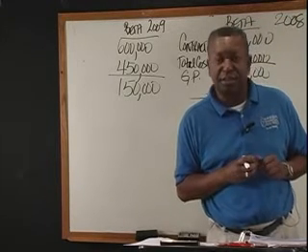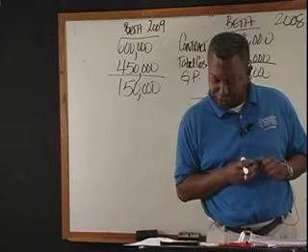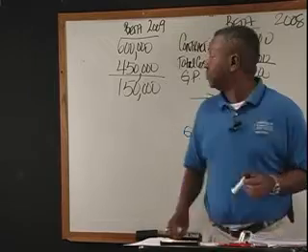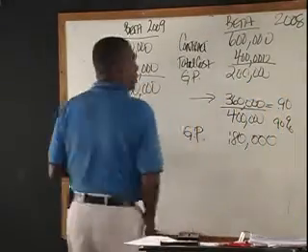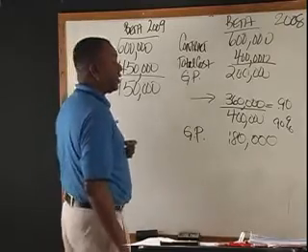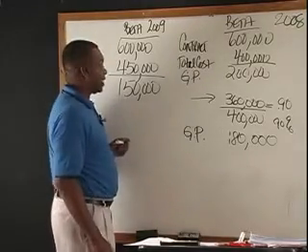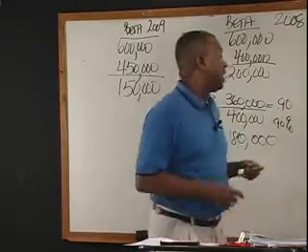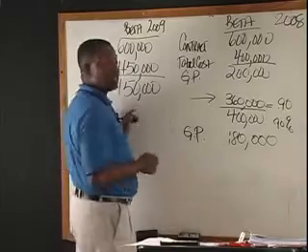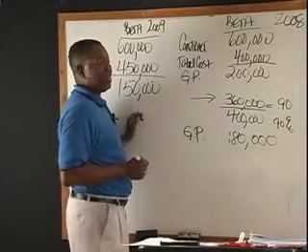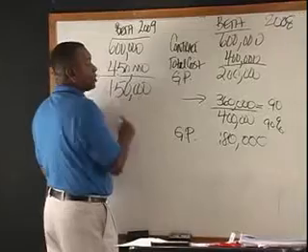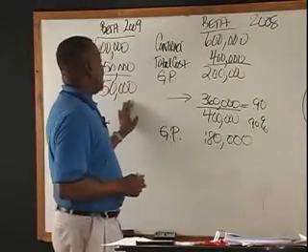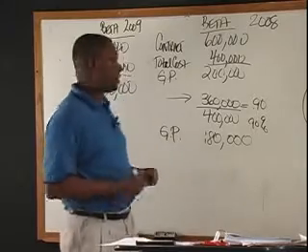The contract price is $600,000. Here's the issue. The question is, how much gross profit should we recognize? Well, here is the whole point. The amount of the gross profit that was previously recognized was $180,000. Our actual gross profit on this ended up to be $150,000.